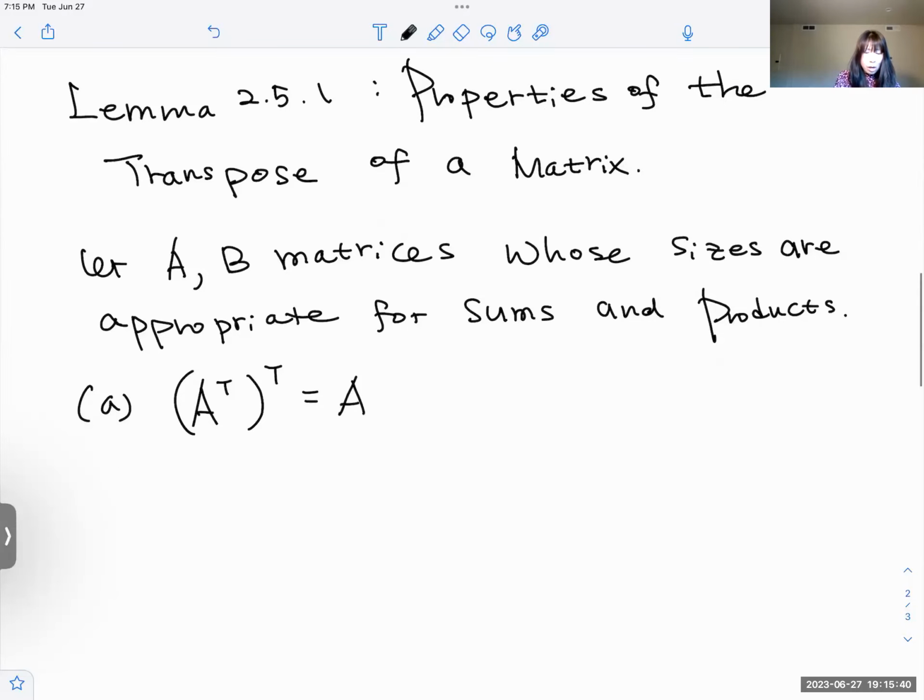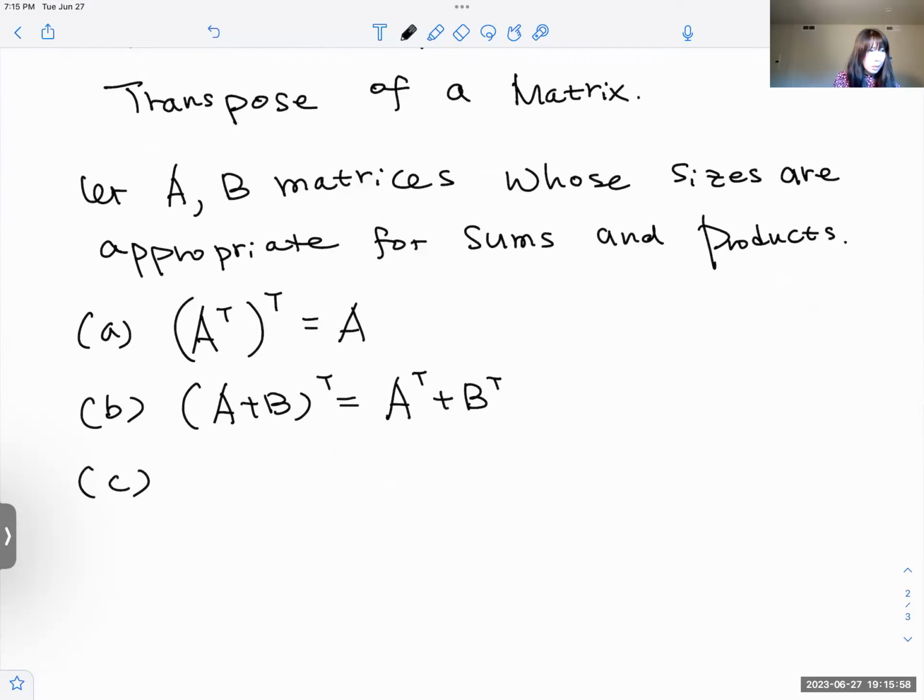Second one, let me write down everything and then I'm going to show you with matrices. A plus B transpose equals A transpose plus B transpose.